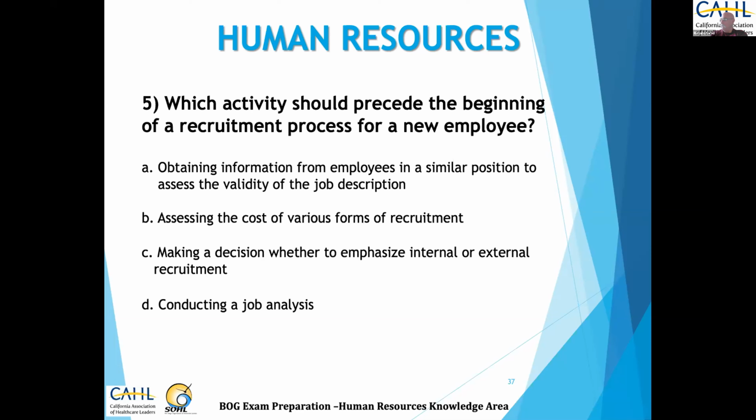Same with C. So I think the recruitment process is going to start with the job analysis. What do we need someone to do? So I would go with D. Someone says C makes sense also, and it makes sense to make that decision, but that's not the beginning part. That's part of your decision of how to hire, not who to hire or what to hire.